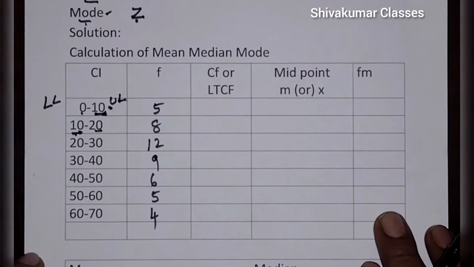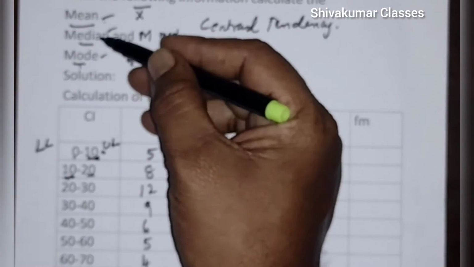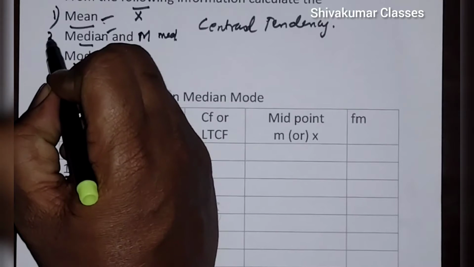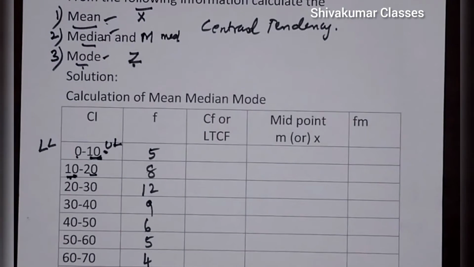The very first thing they are asking us is to calculate mean, median and mode. The first one is mean, second is median and third is mode.